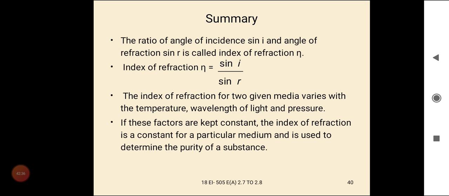If these factors are kept constant, the index of refraction is a constant for a particular medium and is used to determine the purity of a substance.